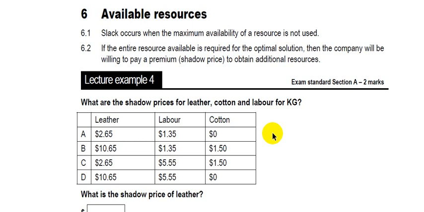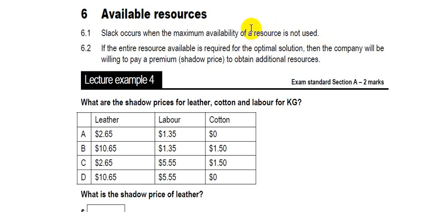The resources that you have may be fully used up, or they may not be fully used up. So slack occurs when the maximum available of a resource is not used.